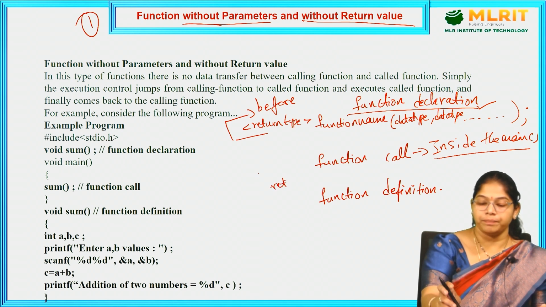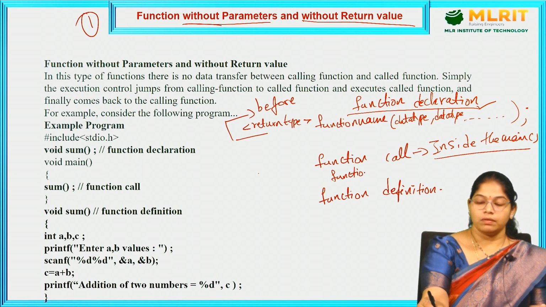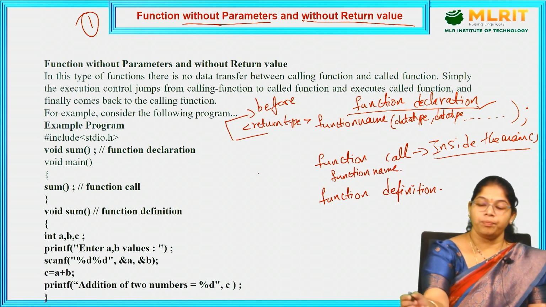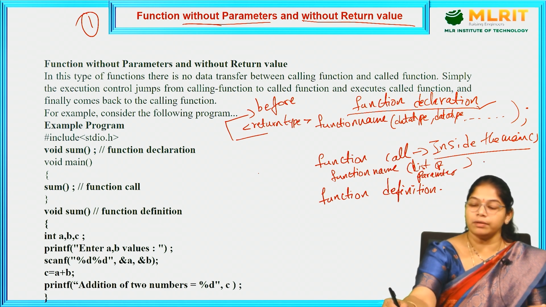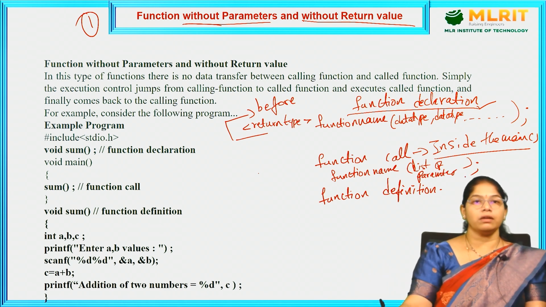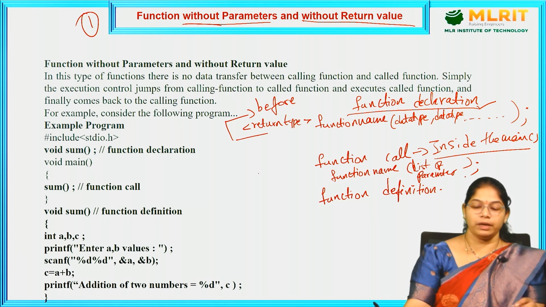Function call syntax is: function name, then here we'll mention the argument list or parameter list. This is also terminated with a semicolon. We'll call the function inside the main function.